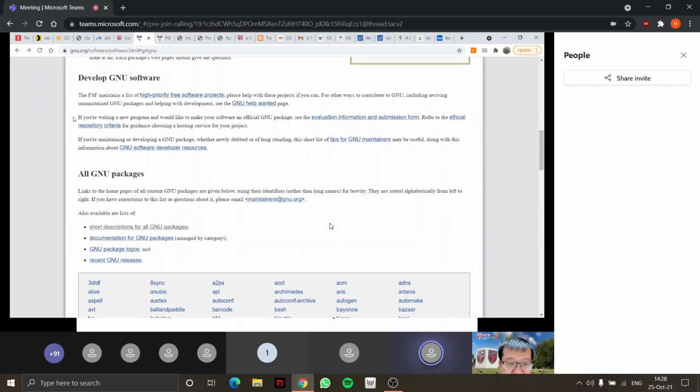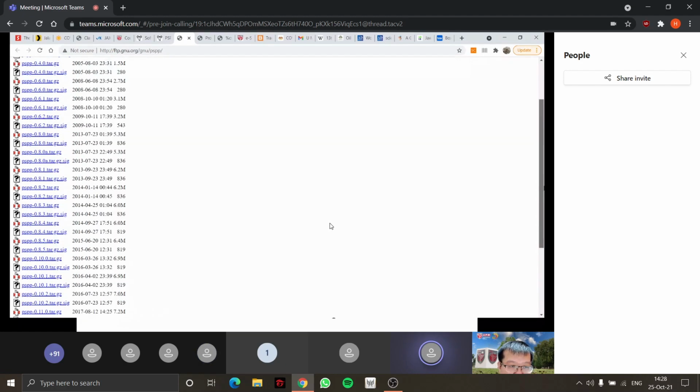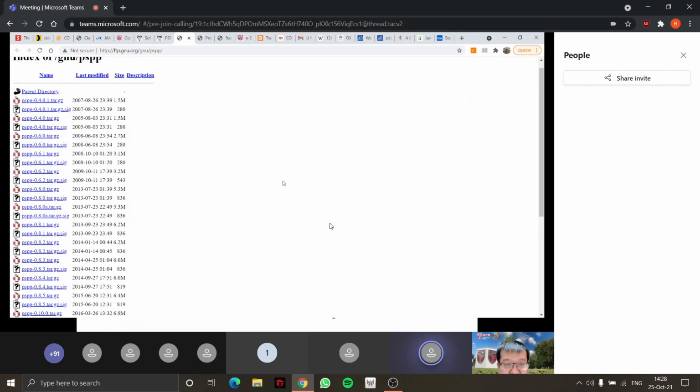You may have to go here and then click on the PSPP website. Not this one, the other one. And then you'll be brought to this directory. You have to unzip everything. There are 42 files over here, and then you have to unzip. And then after that, only then you can install.